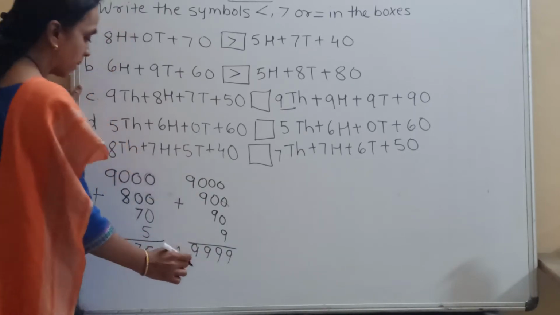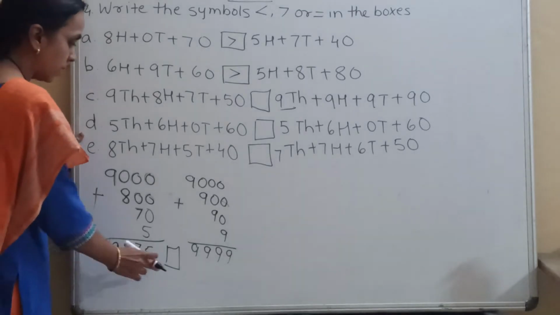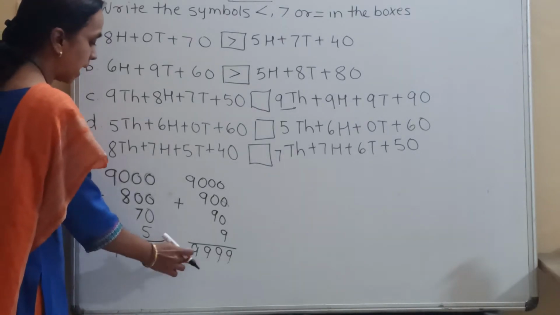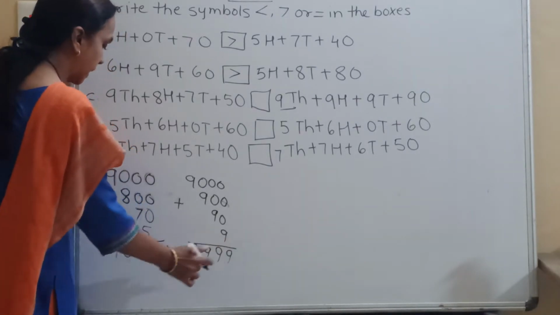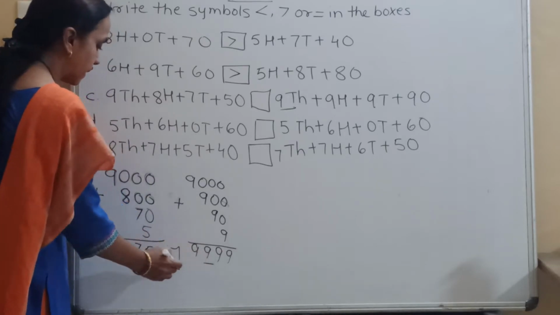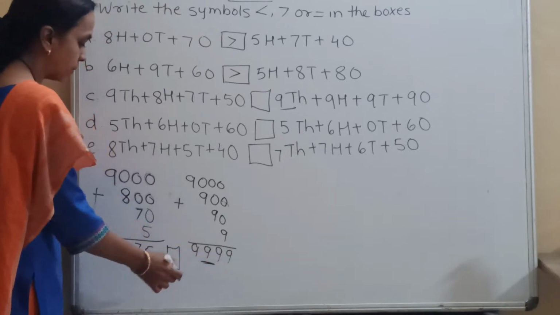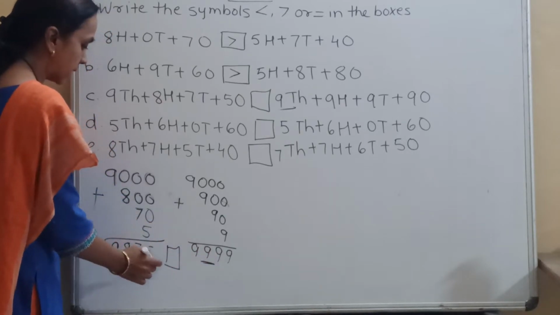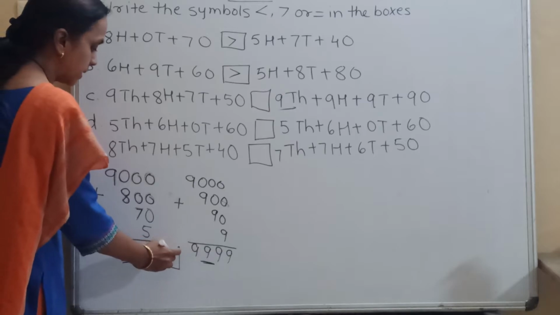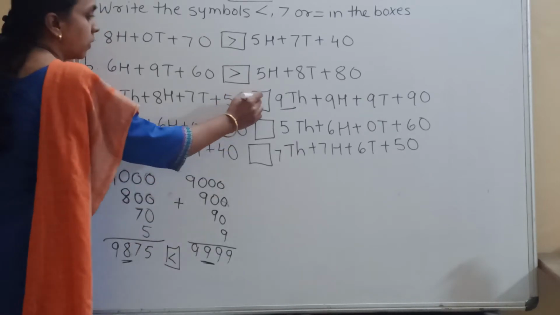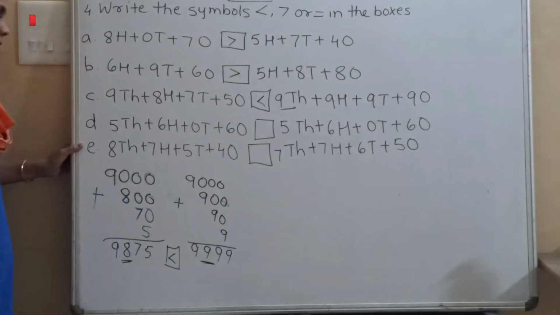So what is this number now? 9,875 and 9,999. See this hundreds place. Here 8 is given and here 9 is given. So 9 is bigger than this 8. So this number is bigger. So we have to give this sign towards this number.